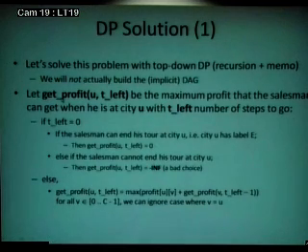We can give it the name get_profit, and usually one of the parameters is where you are now, and the second parameter will be the additional information that you want to attach to this vertex. Then define this as the maximum profit that the salesman can get when you are at a certain vertex U and you still have t_left number of steps to go. Okay, obviously now we need to think about base cases. So what are the base cases?